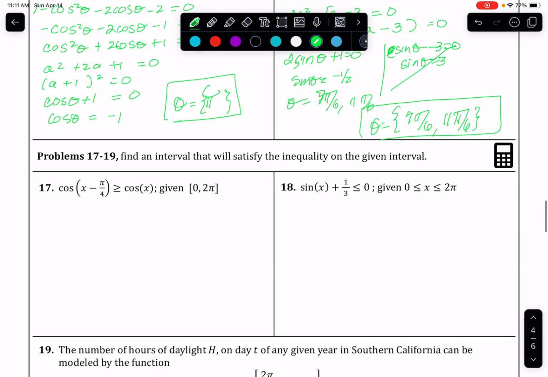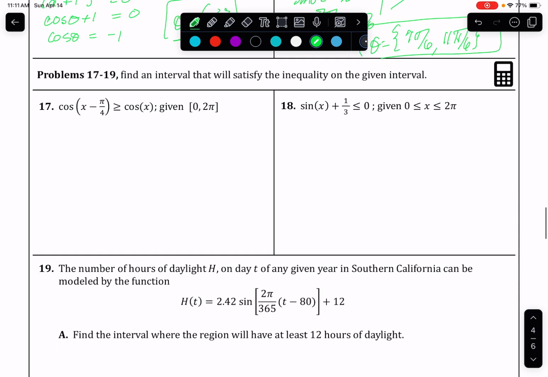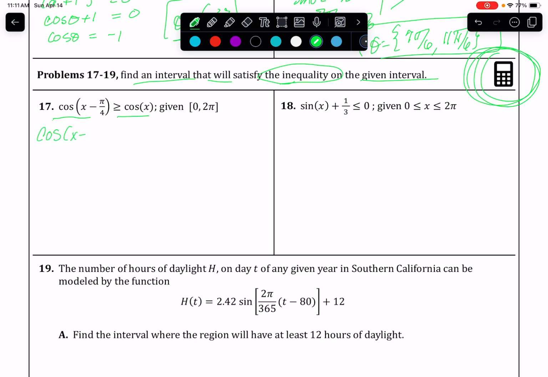Okay, let's go on to number 17 through 19. It says find an interval that will satisfy the inequality on the given interval. Okay, so we've got to have sign charts, and notice this is also calculator time. We want to have 0 on the right-hand side, so we're going to say cosine of x minus pi over 4 minus cosine x is greater than or equal to 0.